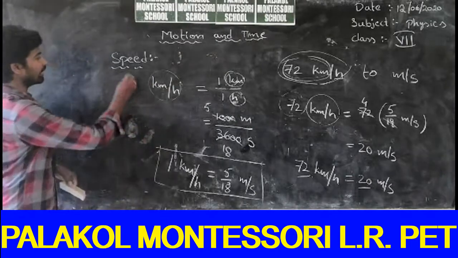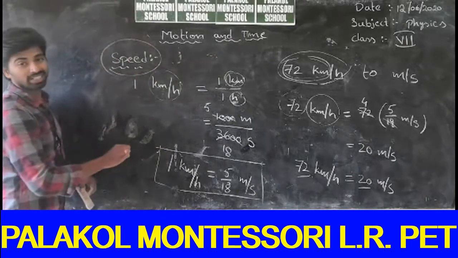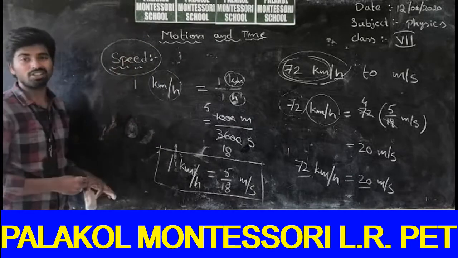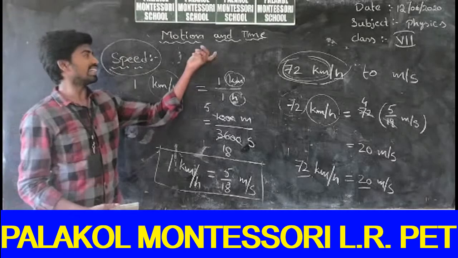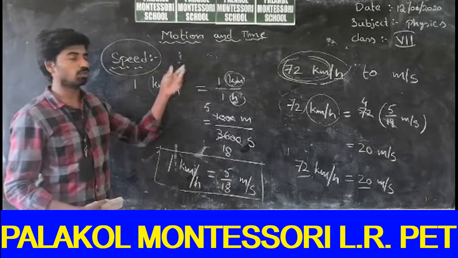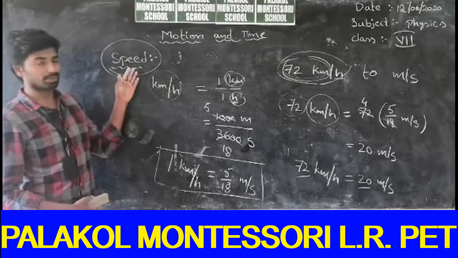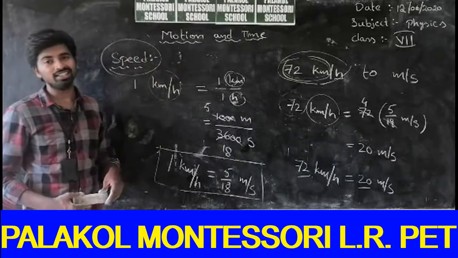We have got a new physical quantity, speed, obtained by linking these two concepts, motion and time. So speed includes both motion and time.